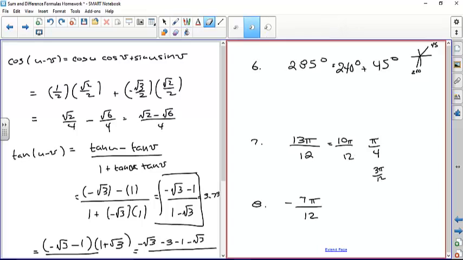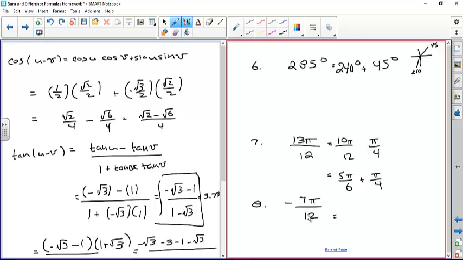So is 10 pi over 12 on the unit circle? Well, if you simplify that, you get 5 pi over 6, which I think is on the unit circle, plus pi over 4. So this is 10 pi over 12 plus 3 pi over 12 is 13 pi over 12. Okay, so that'll work. And you probably could come up with a negative situation.